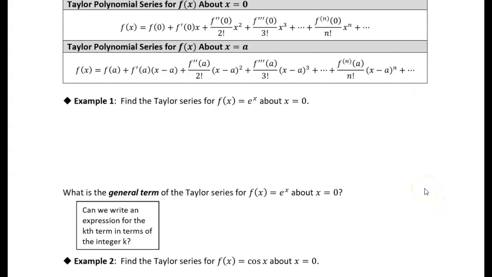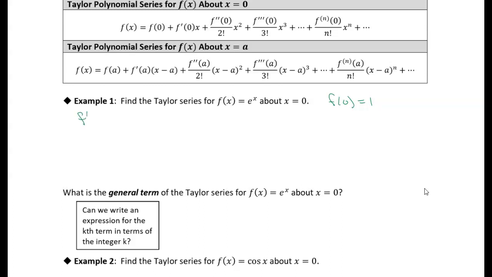So let's just find the Taylor series for f of x equals e to the x around x equals 0. Okay, we actually did this already, right? What we need is the value of the function at 0, so f of 0 equals 1, right? That's just because f of x is e to the x, e to the 0 is 1.